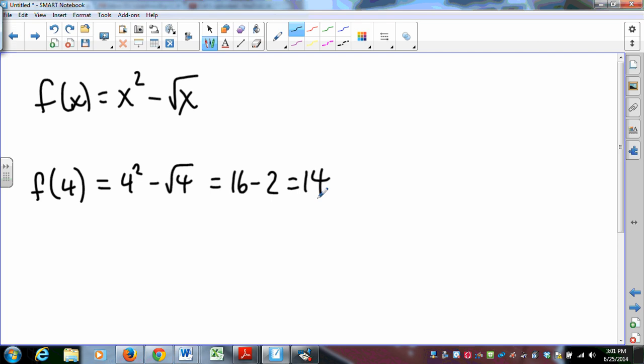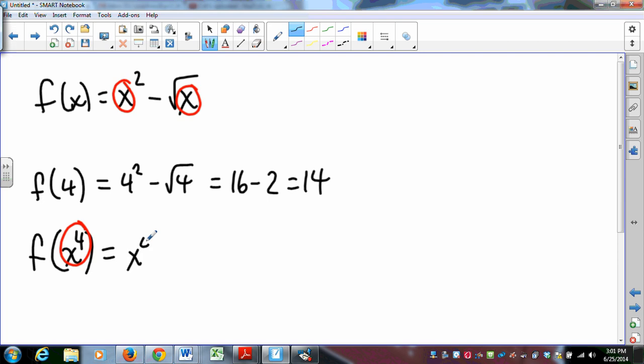Sometimes we make substitutions not numbers in place of variables, but other variable expressions. So I might want to know what f of x to the 4th is. And in that case, every one of these x's gets replaced by x to the 4th.